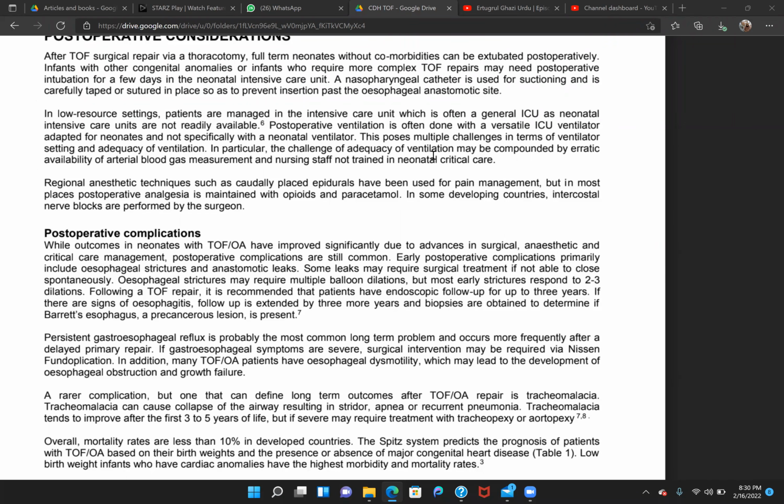If it is premature, it can be even more than that. Then you will be calculating the allowable blood loss. Am I right? Usually you have to be very meticulous about the calculation of the blood loss, and if you are expecting it, you have to arrange the blood. If you are expecting bleeding of more than 10 to 15% of the blood volume, you have to replace it with blood, because there is very little margin. You have to be very meticulous in the calculation of the blood loss as well.